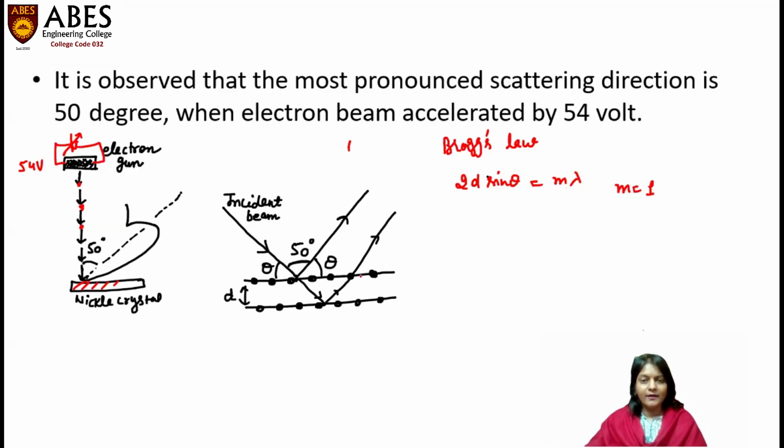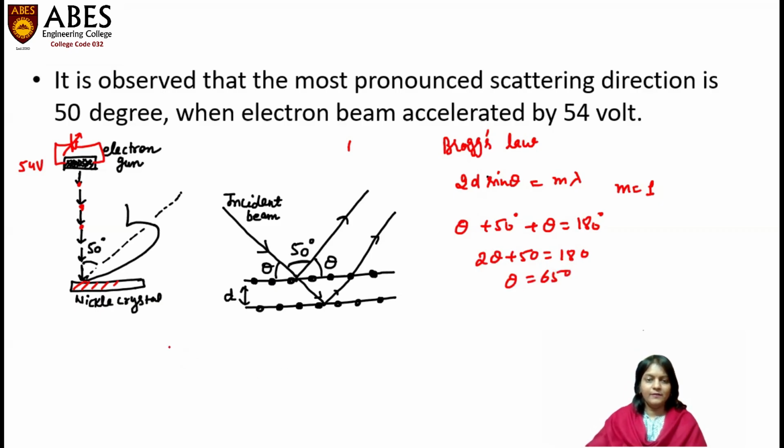Theta is the angle between the diffracted beam and the surface. So we can calculate theta: theta plus 50 degrees plus theta is equal to 180 degrees, so 2 theta plus 50 is 180, and theta is 65 degrees.